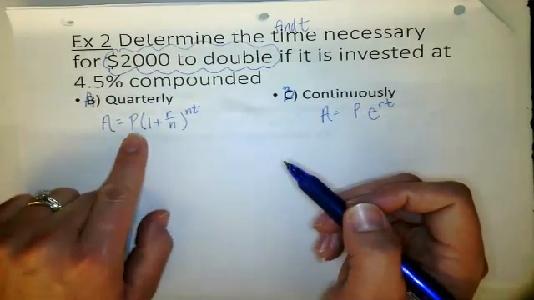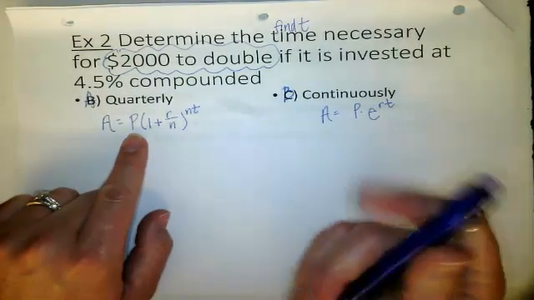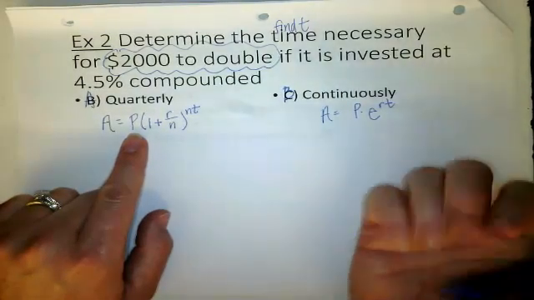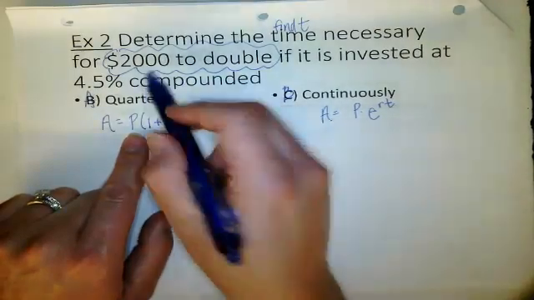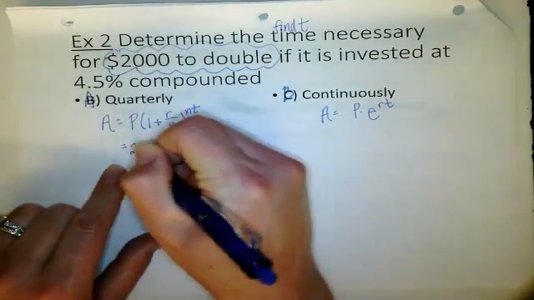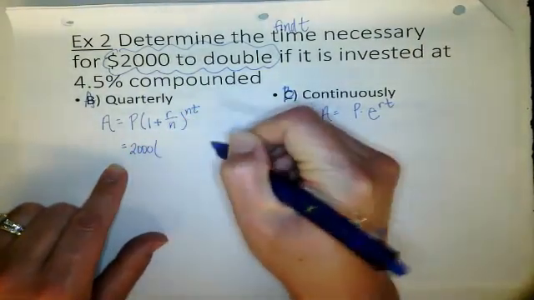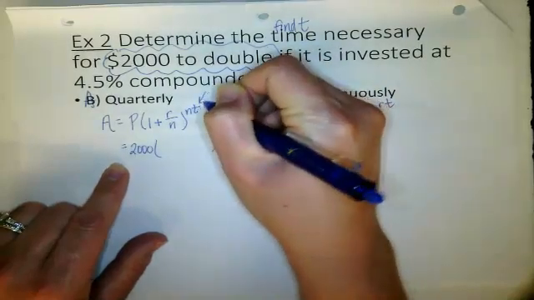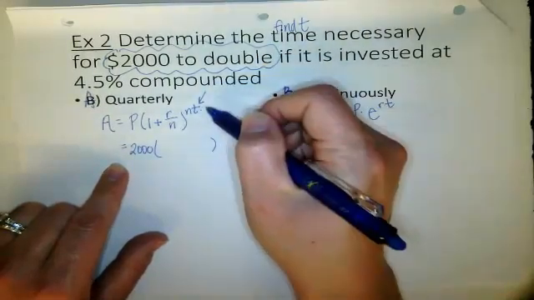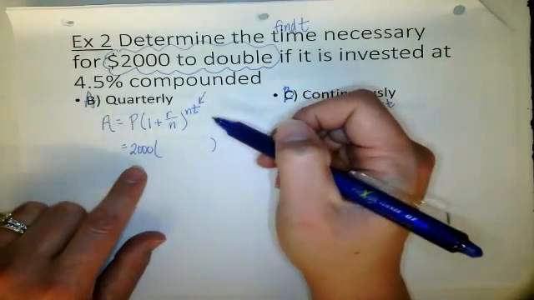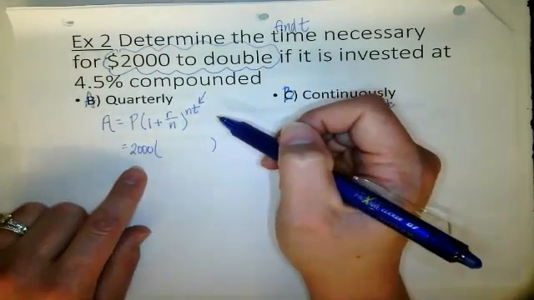So what goes in for P? 2,000. Yeah, that's the money we're starting with. And we're trying to figure out the time necessary for that 2,000 to grow and turn into what? 4,000.